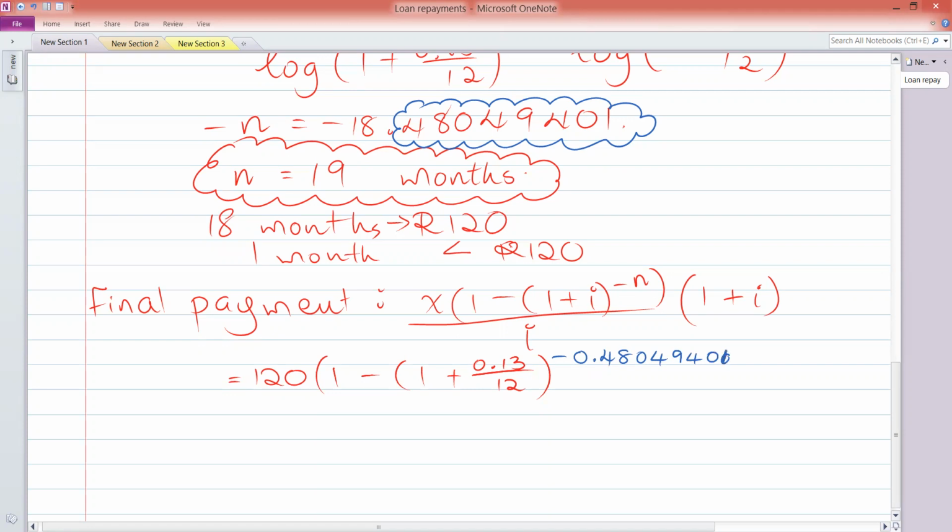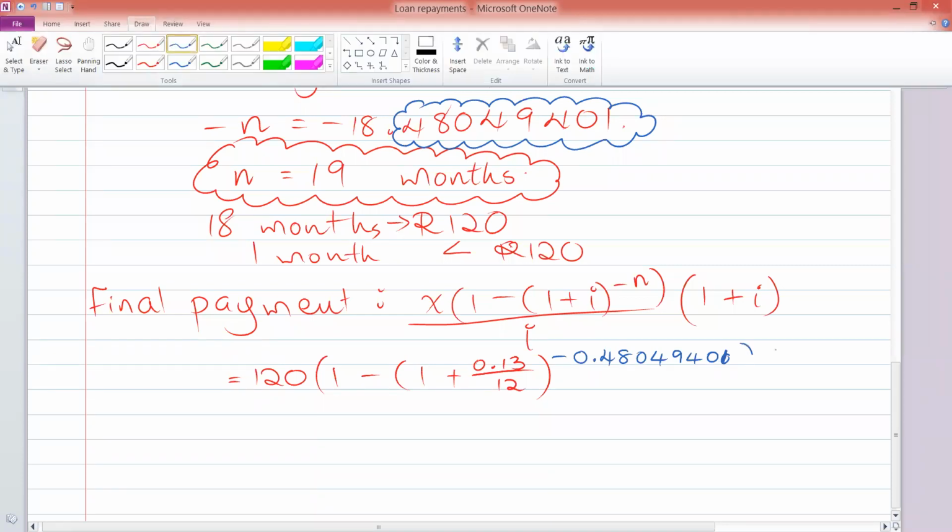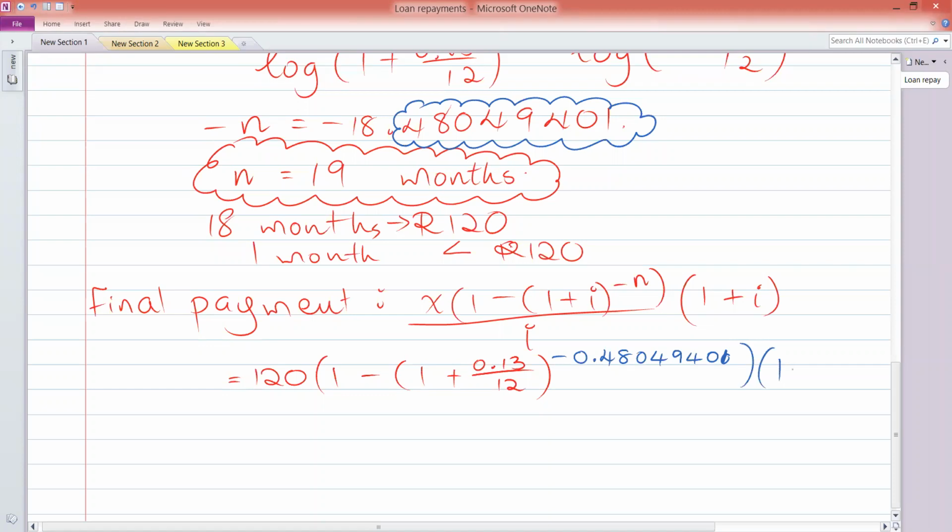Okay, so close brackets, right? 1 plus your I, which is 0.13 divided by 12. But don't forget that this formula as well, you still have to divide by that. Okay. Any questions regarding this so far?